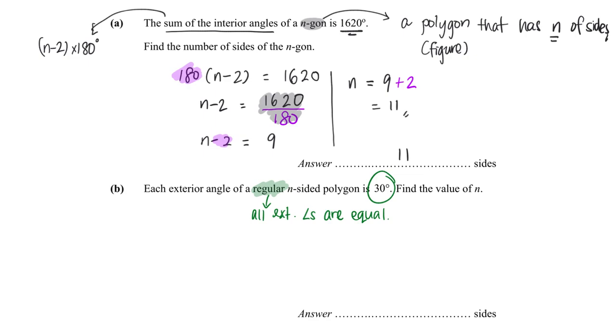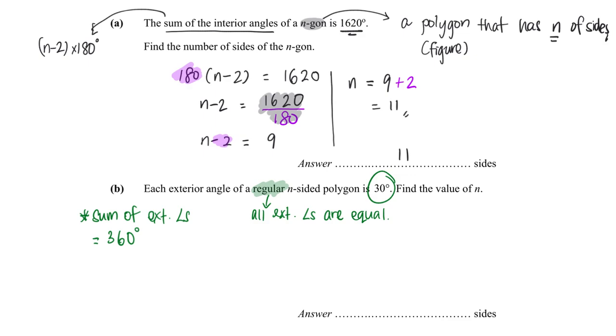We also know another important fact, which is that the sum of exterior angles is 360 degrees. And if each exterior angle is 30 degrees, how many exterior angles are there?